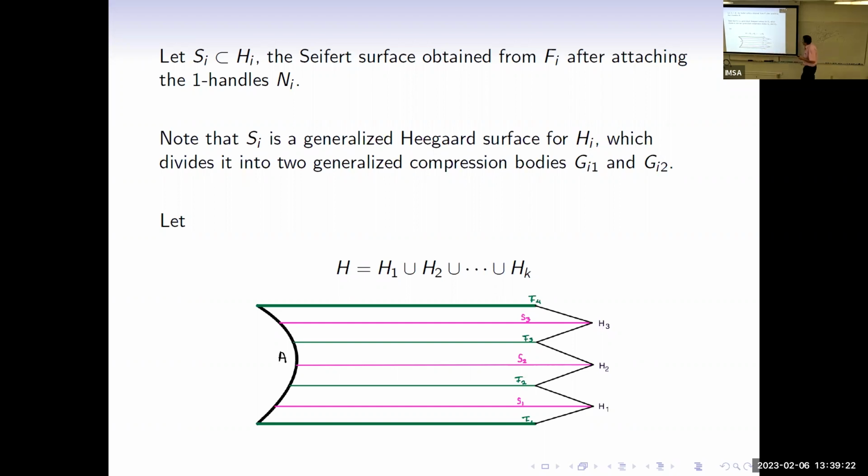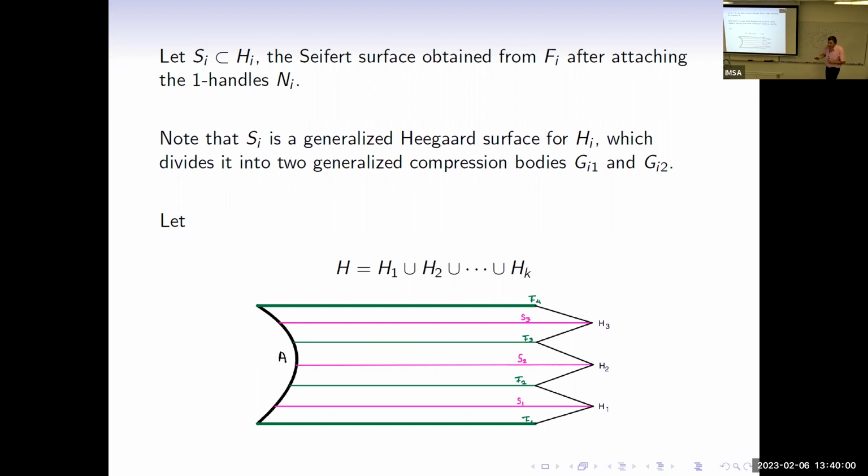Now, just in the same way as Scharlemann and Thompson defined the complexity of a generalized Heegaard decomposition, you can define a complexity of this decomposition. To define the complexity, we look at the thick surfaces. The surfaces Fi we call the thin surfaces, and this one is the thick surface.